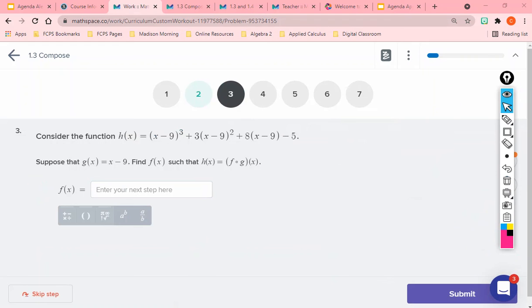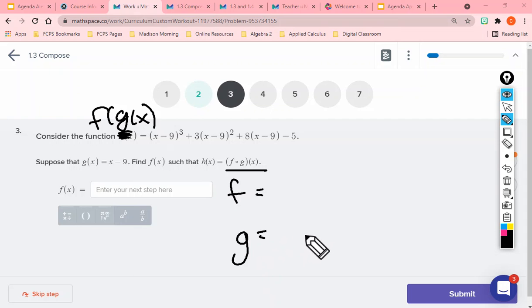Okay, this one's a little bit tricky because you've got lots of different pieces here. So this is the composition. H of x is F composed of G. And F is something, and G is x minus 9.